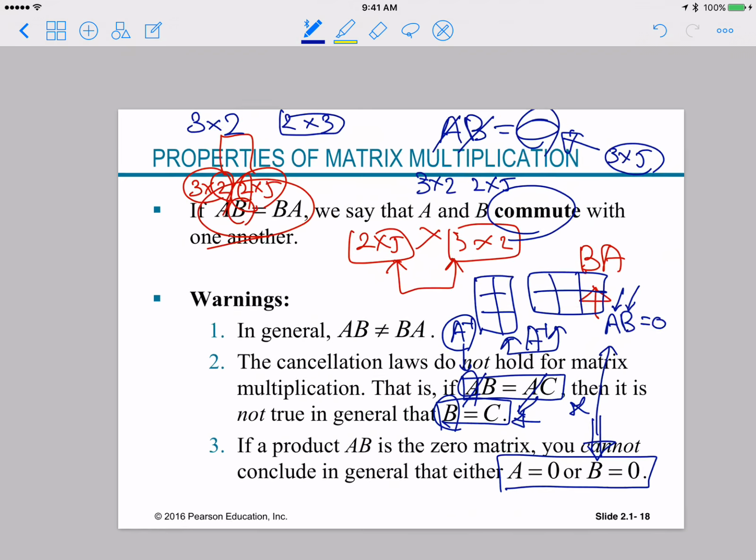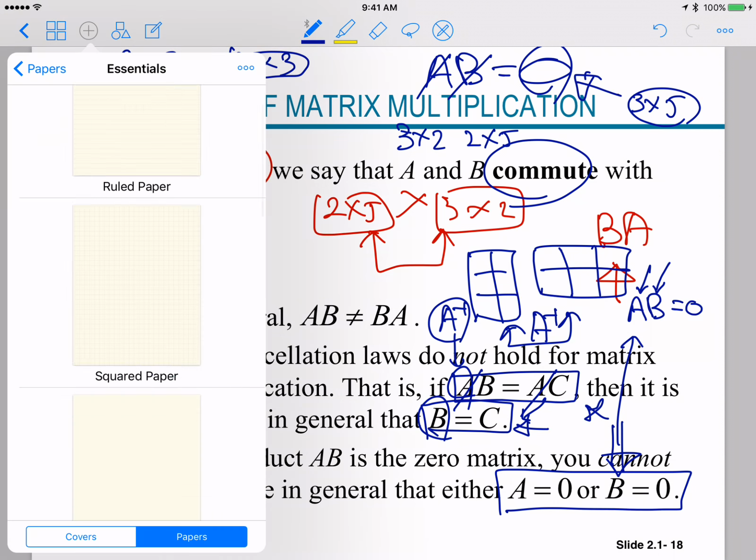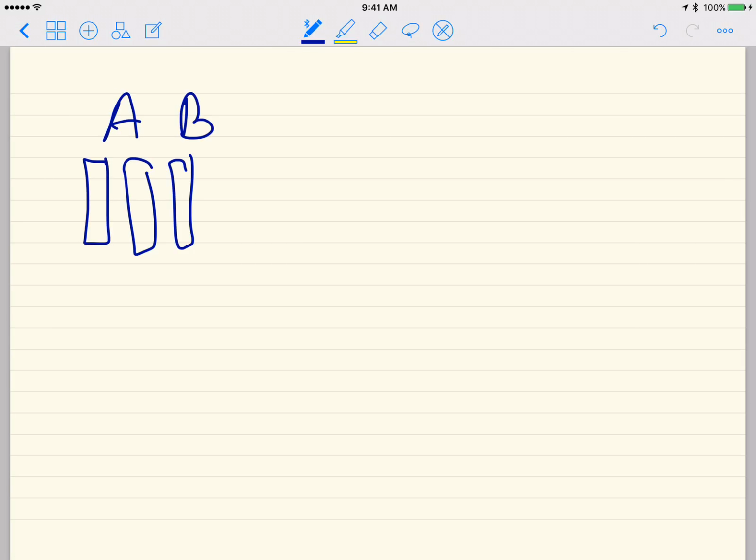Okay, and then here, I came up with another interesting question based on what we learned in today's lecture. So we still consider A times B. Suppose A has three columns: A1, A2, A3.